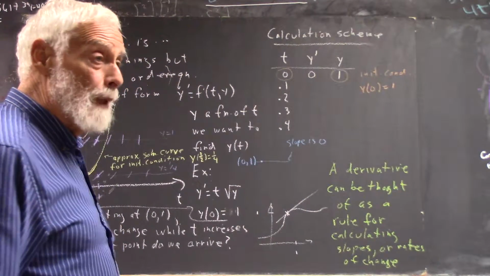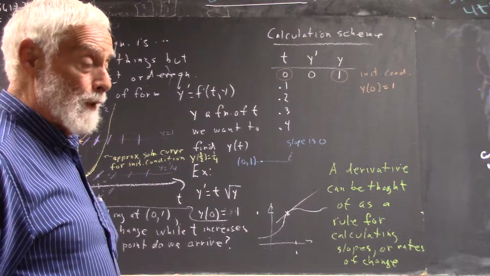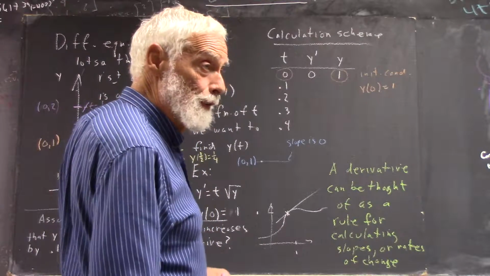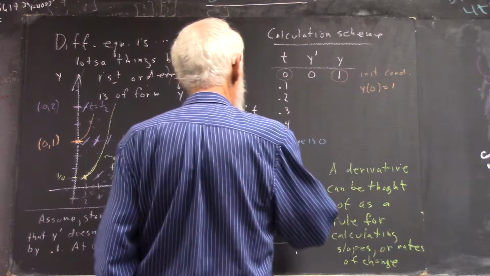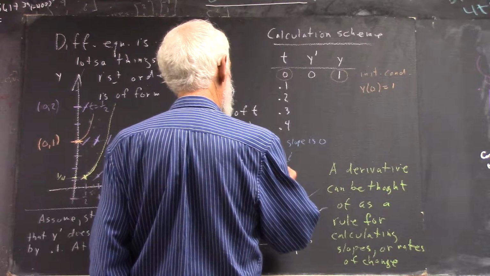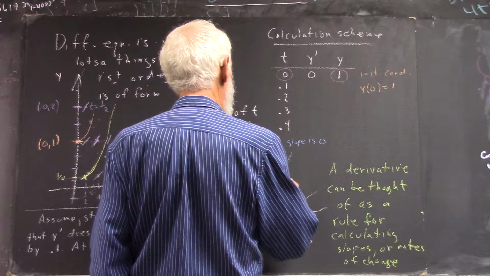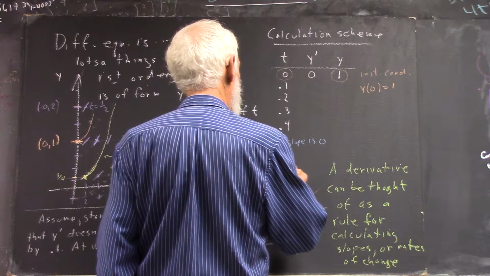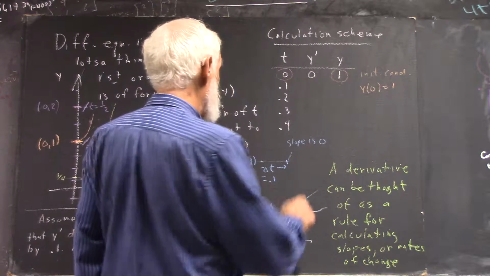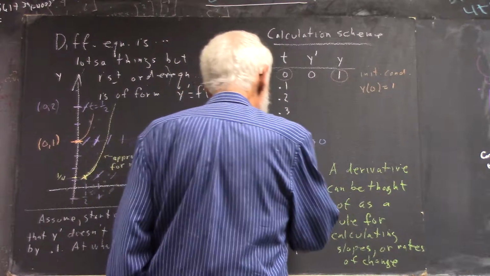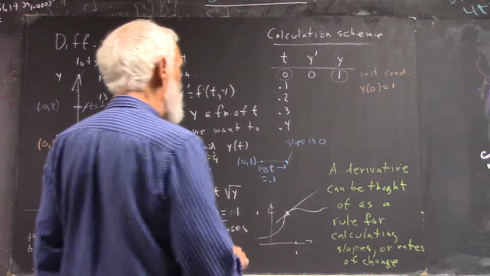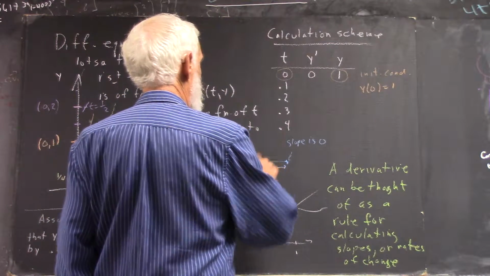And t changes by 0.1. Well, how far do you want 0.1 to be? Let's assume we've got a magnifying glass. So from here to here, the change in t, is 0.1. So we follow the slope line while t changes by 0.1.